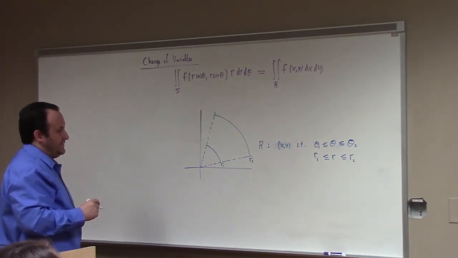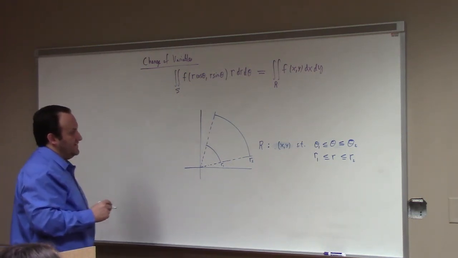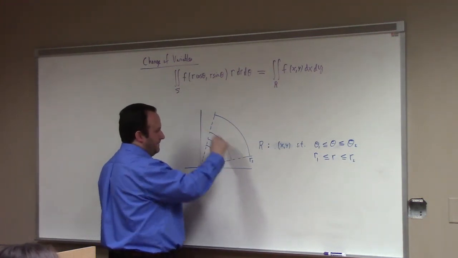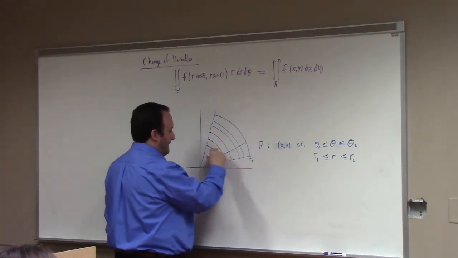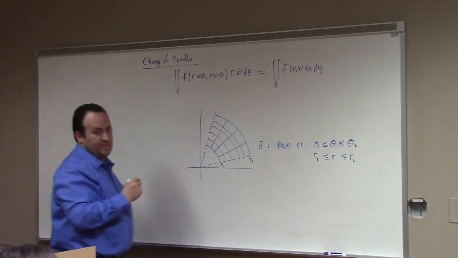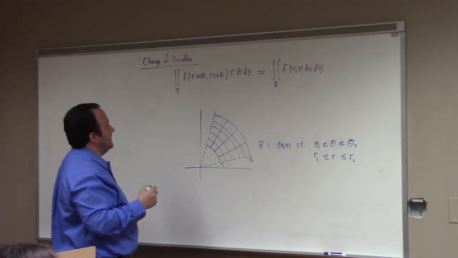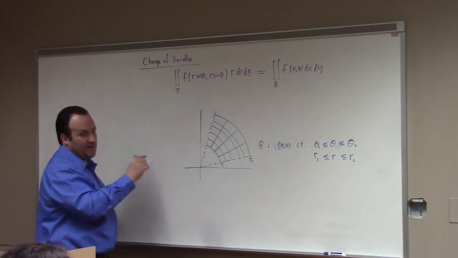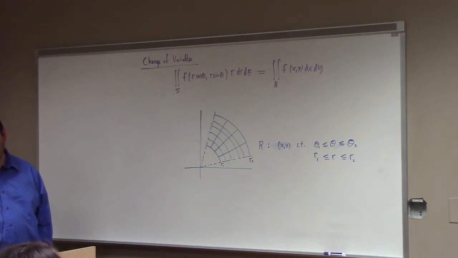So if I take this shape and I divide it into a sort of polar grid, something like that, then I can ask about the three-dimensional picture. I should think about skyscrapers over these to think about the volume.